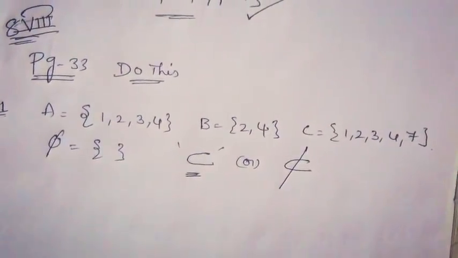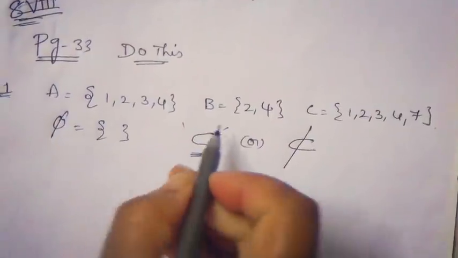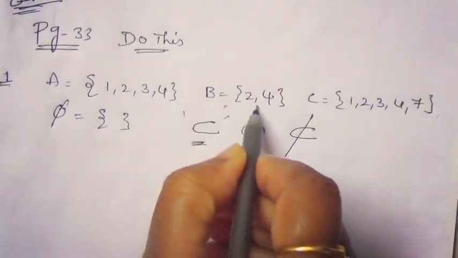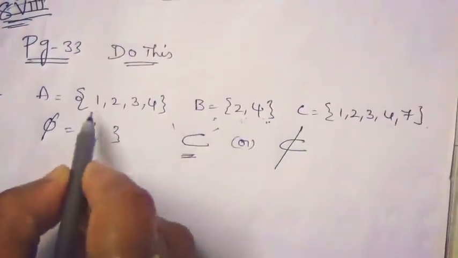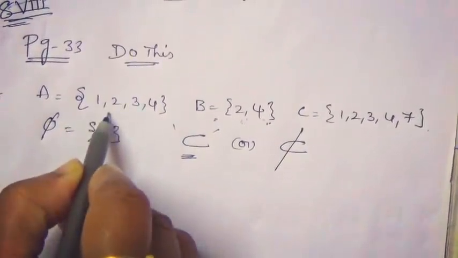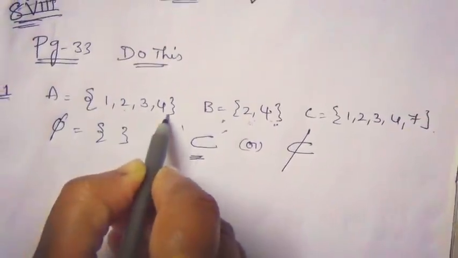What do you mean by subset? Subset means, look here, B has 2 elements, that is 2 and 4. Are these 2 elements there in A? Yes, 2 and 4.